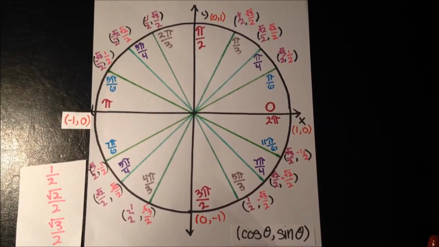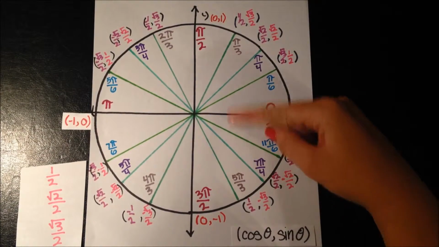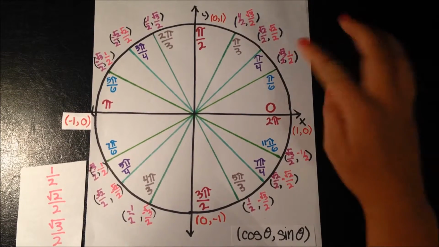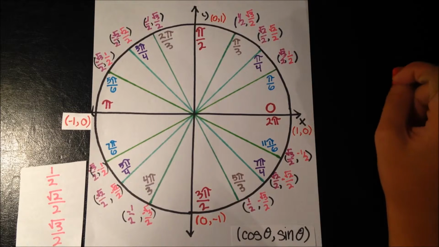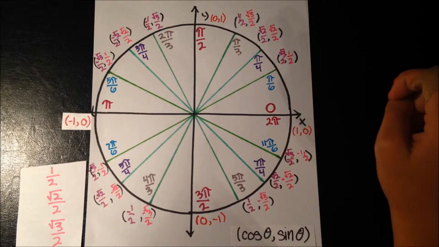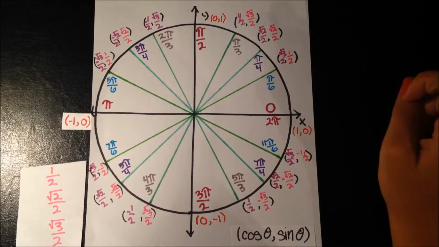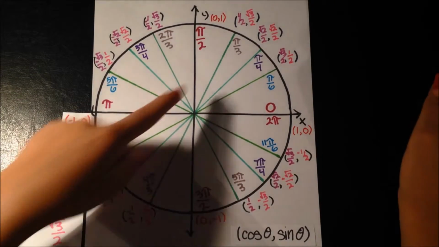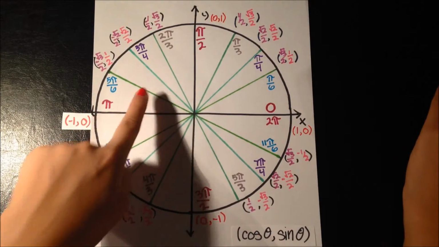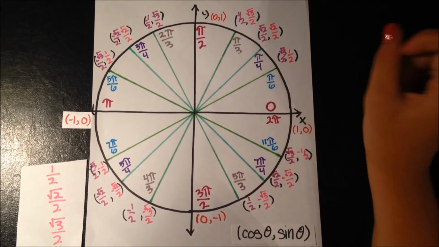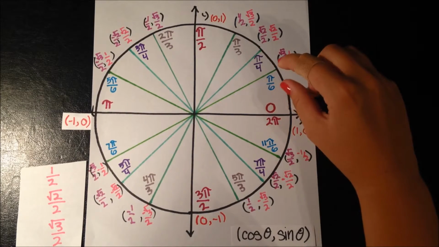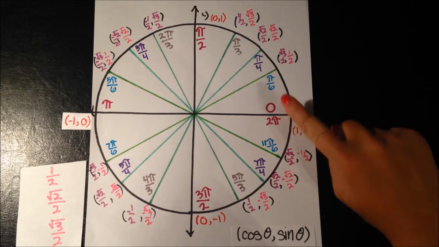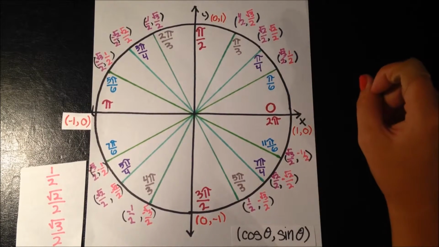Okay, so all of these numbers, all of those coordinates follow the same sort of idea as I demonstrated with the first quadrant. And the only thing that's different is that there might be negative values involved. So here's the first quadrant, the second, the third, and then the fourth. In the first quadrant, everything is positive because everything is on the positive side of the x-axis and the positive side of the y-axis.